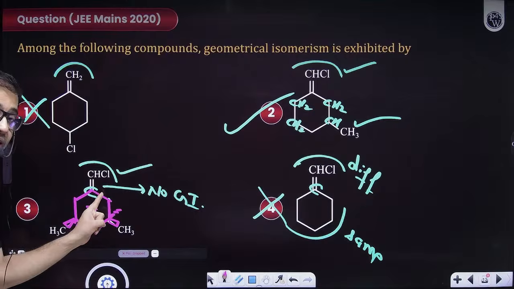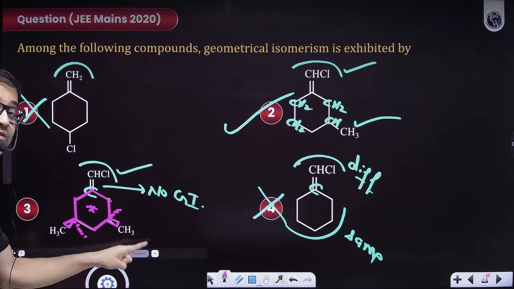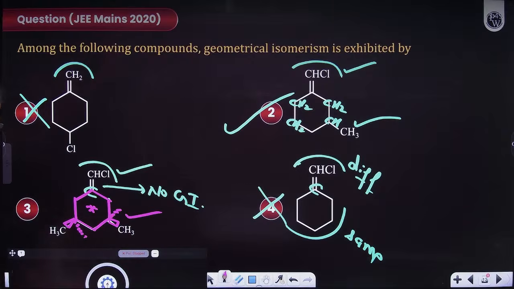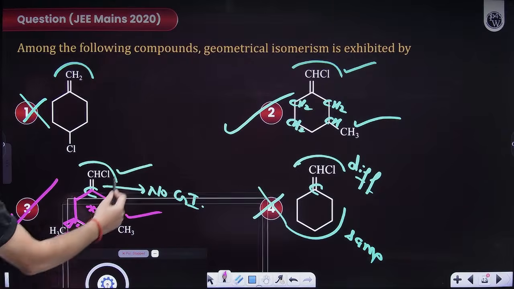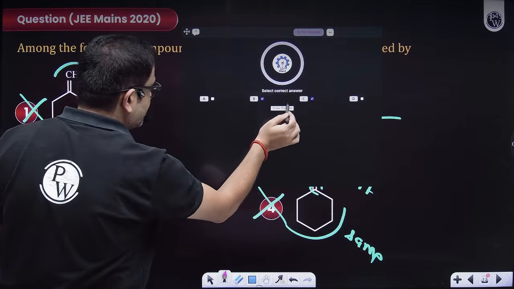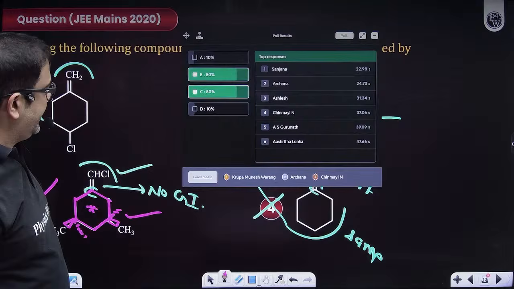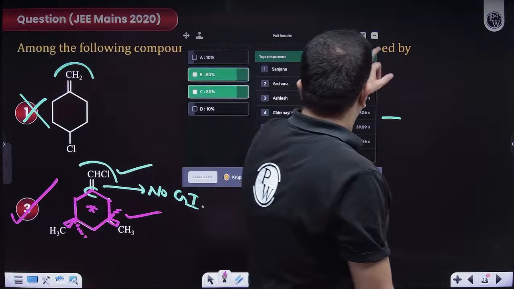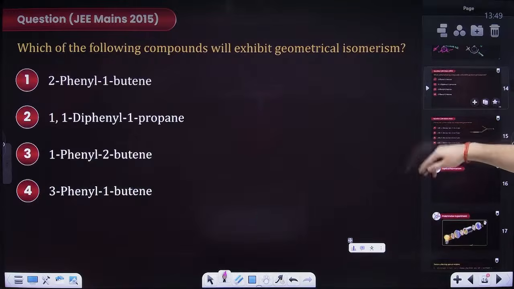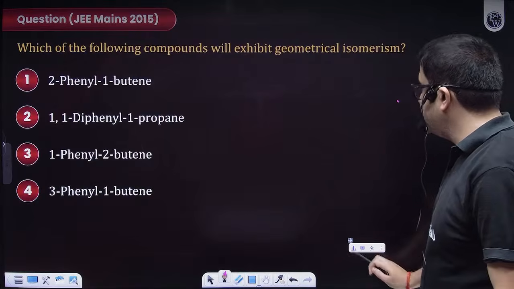So this guy failed, but this is geometrically active because of the cyclohexane ring. So this can show GI. Definitely this is also your answer. Good one. Obviously this was not the case with the Mains question; I just twisted it. Great. Percentage is good. Now I hope everybody is gradually catching up. So moving to the next one. Again a Mains question.